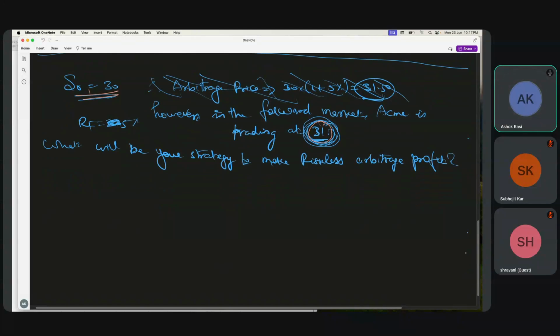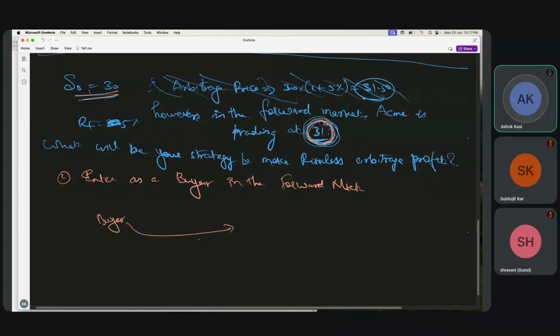Okay. So what you will do, first of all, this is undervalued. Whatever is undervalued, you should buy. So enter as a buyer in the forward market. So what are you doing here? You are playing the buyer's role, and you are agreeing to pay 31 after 1 year to the seller.